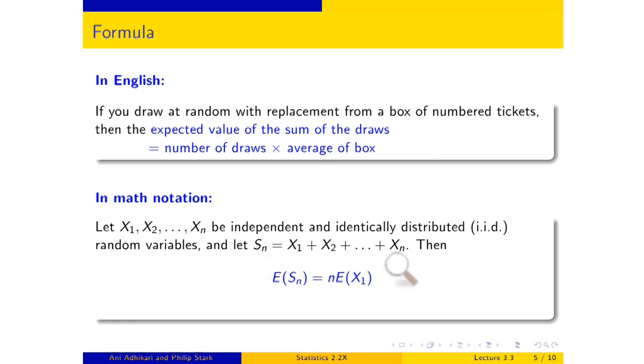And you're then adding them all up, so Sn is the sum of your n X's, and you're computing the expected value of the sum, and that is n times the expected value of a single one, that is the number of draws times the average of the box. You expect any single one to be the average of what you are drawing from.